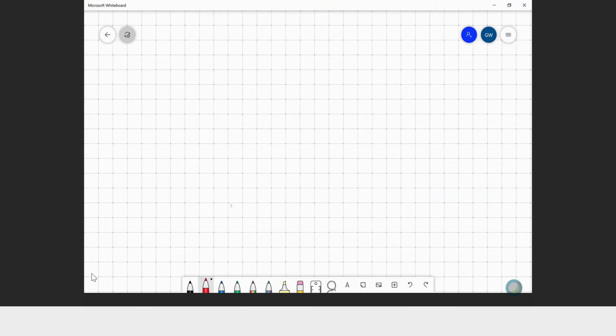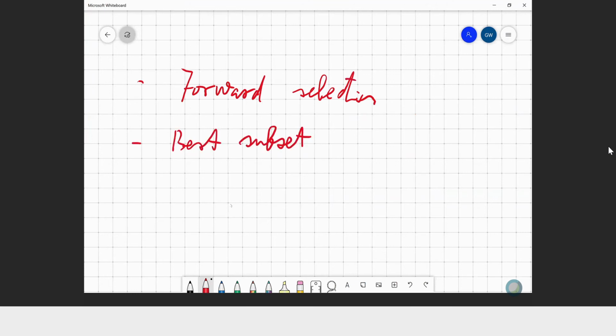We can say there are two methods. One is forward stepwise selection, and another one is best subset selection. You just consider the candidate models. How many models do we consider?